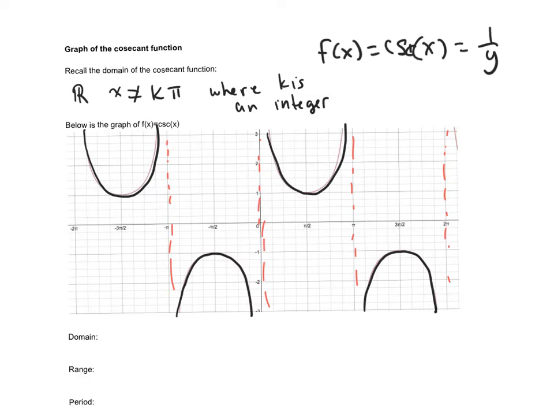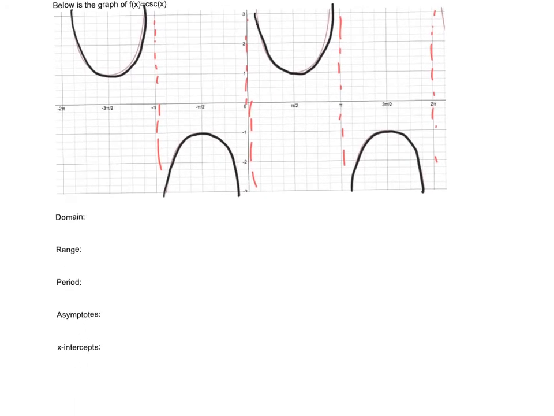So let's go ahead and talk about the parts of it first. The domain is going to be all real numbers, x not equal to k pi, where k is an integer. The range is going to be interesting. It basically is -infinity to -1, because it stops at -1, and then it takes a gap.